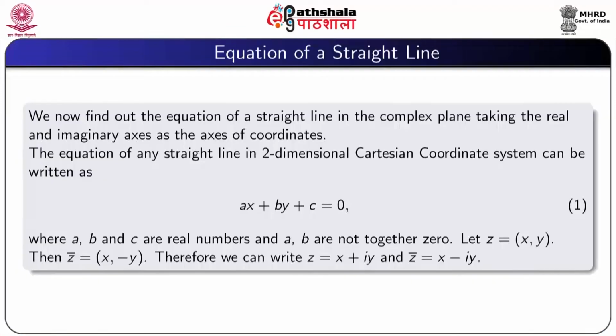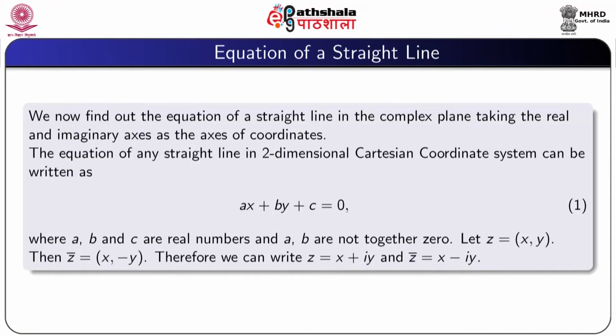Then we will find out an equation of a circle passing through three given points. In this module, we also see that if the end points of a diameter of a circle are known, we can find out the equation of the circle. At last, we will provide some relevant examples.